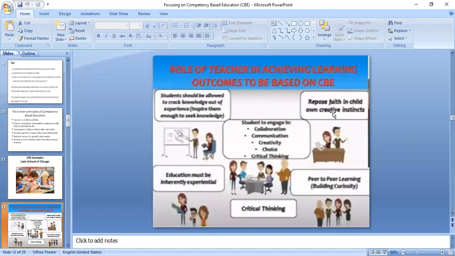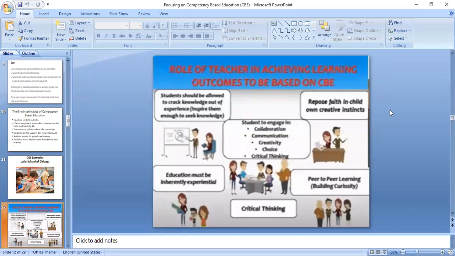Next is the role of a teacher in achieving learning outcomes based on CBE. So what should be the teacher's role in the classroom? Students should be allowed to crack knowledge out of experience, and we as facilitators inspire them enough to seek knowledge. Next, repose faith.